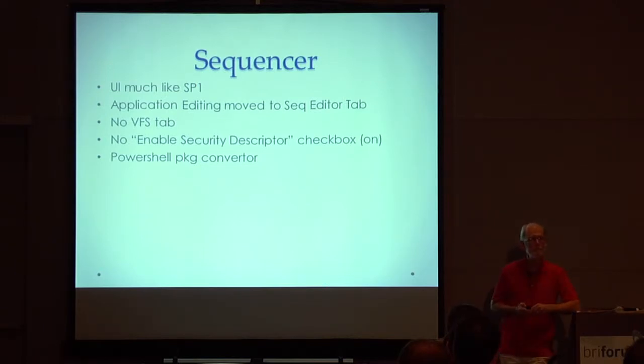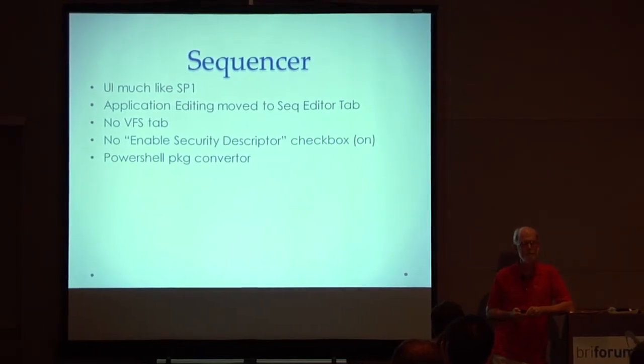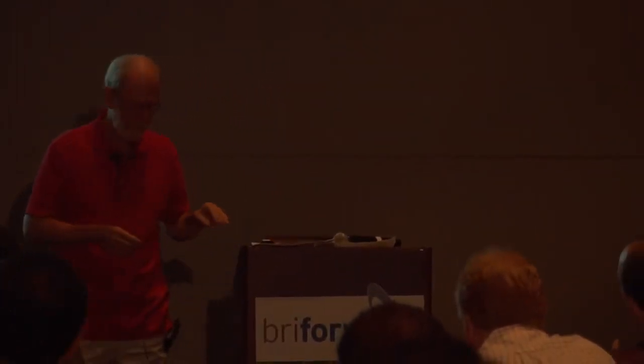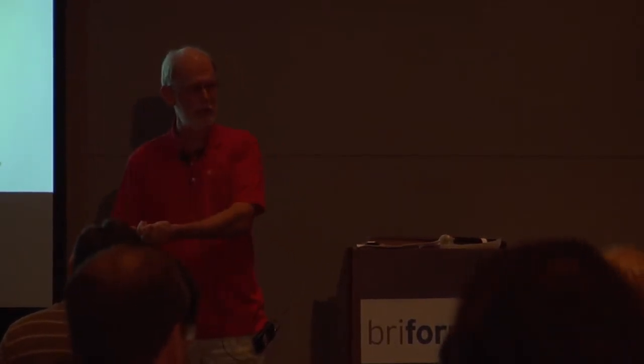I know that in order to get an existing 4.6 package, you have to go through an upgrade process. Yep. Does it carry, if the existing package has no security descriptors, and then you pull that up to 5.0, does it then overlay whatever the file system descriptors are, or will it leave it intact? Okay, so the question was, in 4.6, we may or may not have security descriptors, and if we upgrade that package, because we will need to do an upgrade of those packages to 5.0, because it is a different format, will those security descriptors come over and be respected?